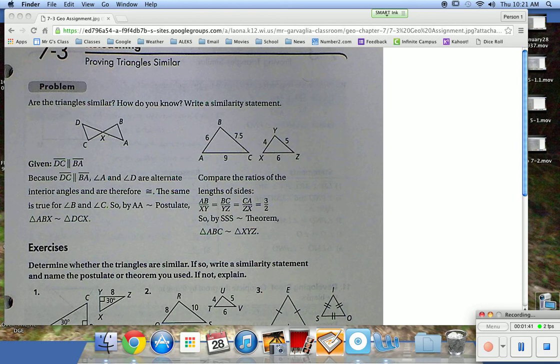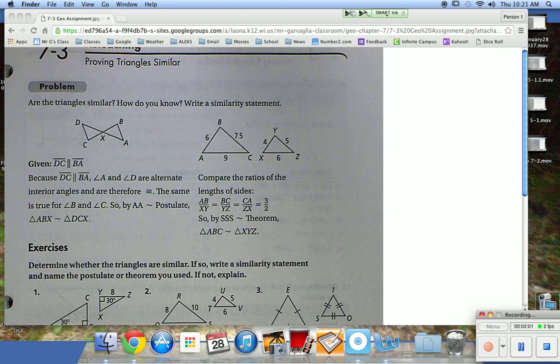All right, so what do we have to do to prove this? Well, just like we did on the last assignment, we have to check to see, in this case, all they're giving us are the sides. So are our sides proportional?